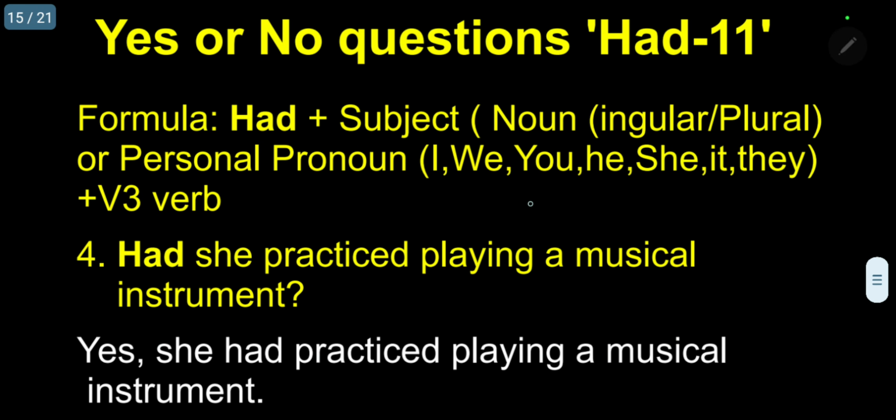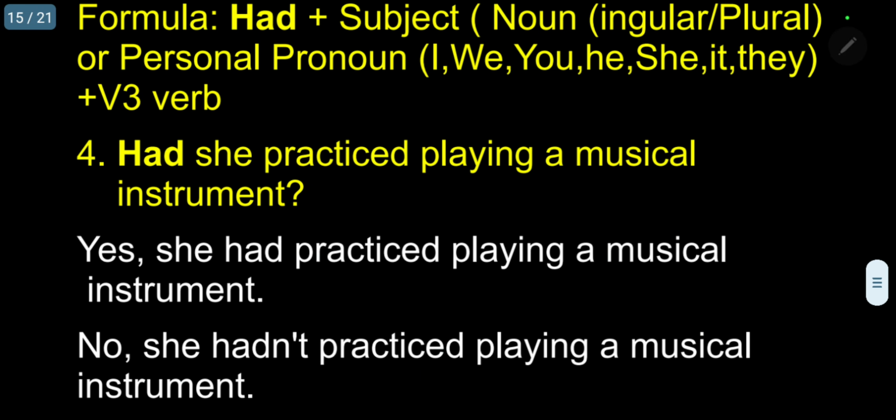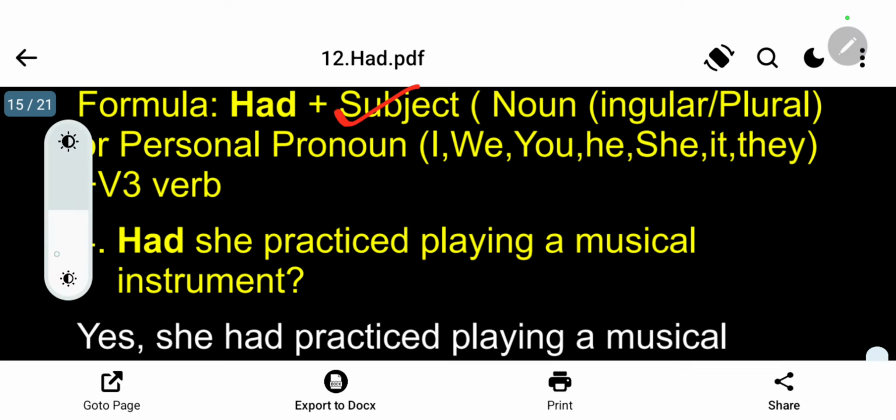Question number 4. Had she practiced playing a musical instrument? Two possibilities. If yes, kindly follow.